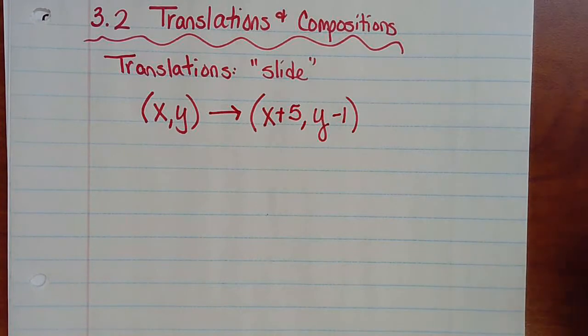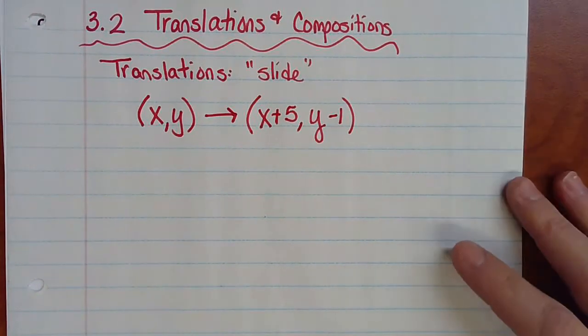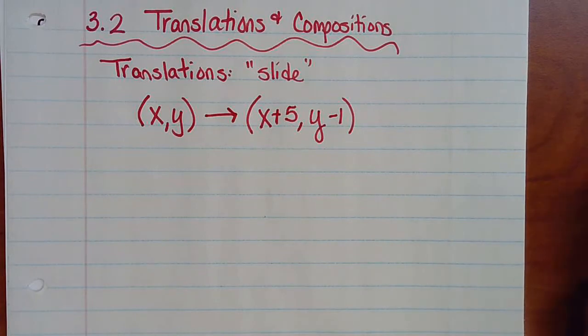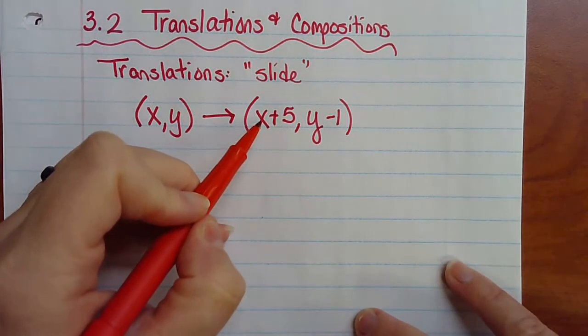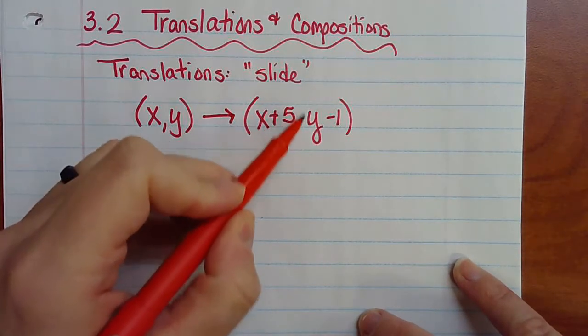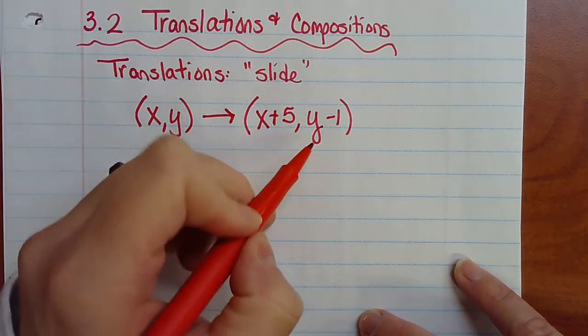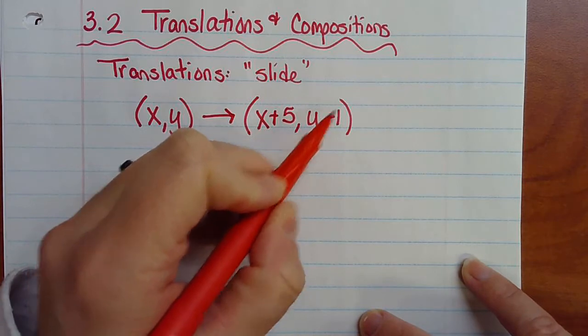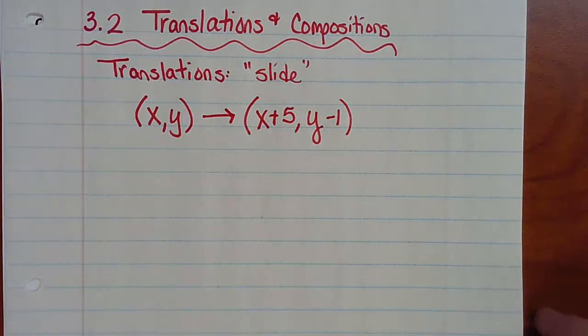It's kind of hard for me to say exactly what the problem is going to be, but this is what it's going to look like. What this means is you're going to take every single X value and add 5, and take every single Y value and subtract 1. So as long as you can add and subtract, you can do translations.